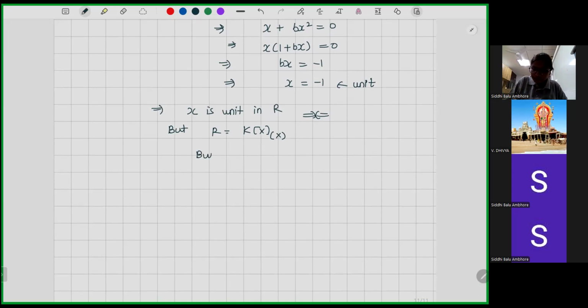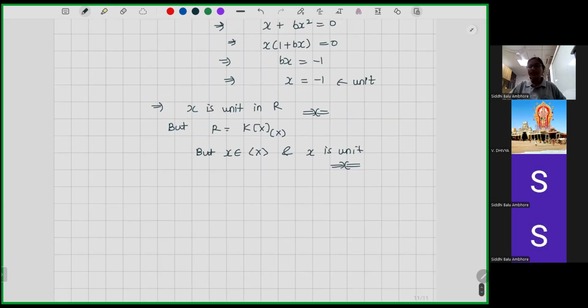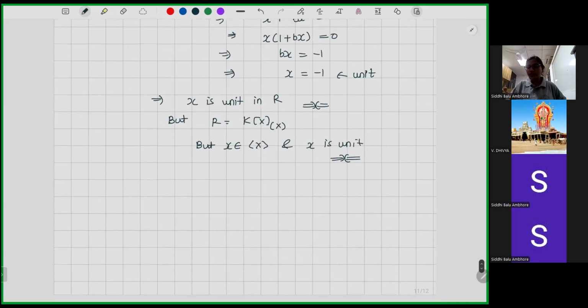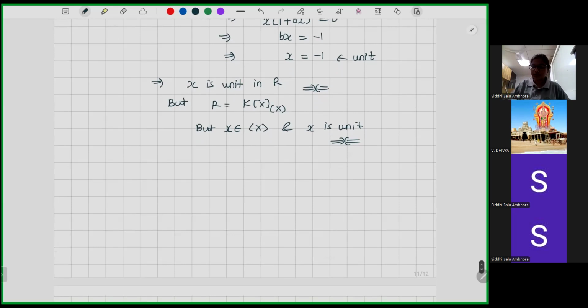But this x belongs to the ideal generated by x, and this is a unit. So which is a contradiction, because this is also the maximal ideal in my ring R. So x is a unit which belongs to the maximal ideal. That is definitely a contradiction.